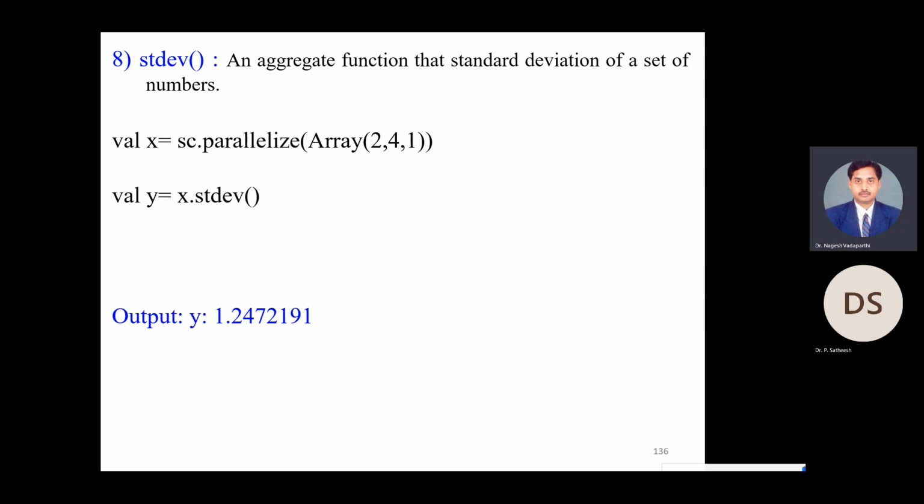Now I'm performing y is equal to x.stdev. So usually I'm getting y is equal to 1.24. That is the standard deviation function.